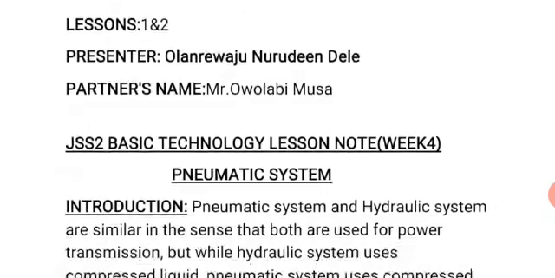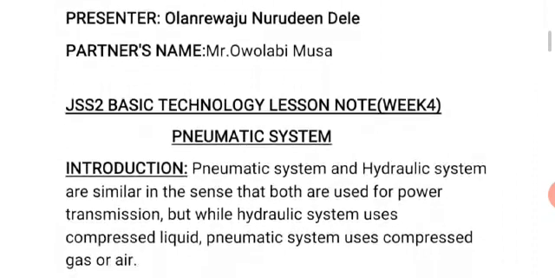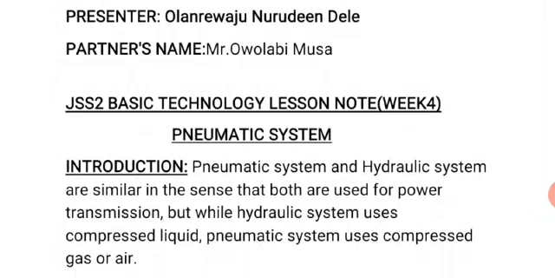And the topic we are going to discuss today is the pneumatic system. Pneumatic system and hydraulic system are similar to each other in the sense that they are both used for power transmission, as we use belt drive and chain drive also for power transmission.